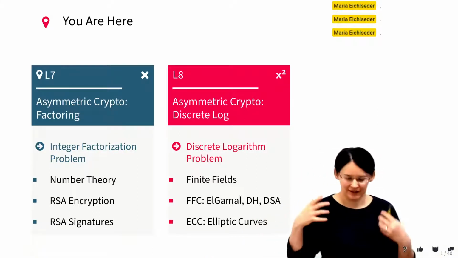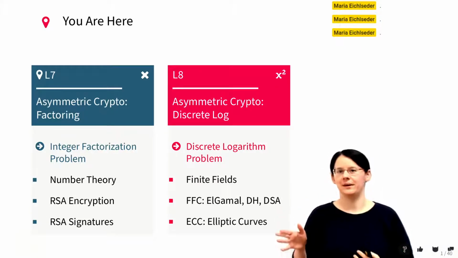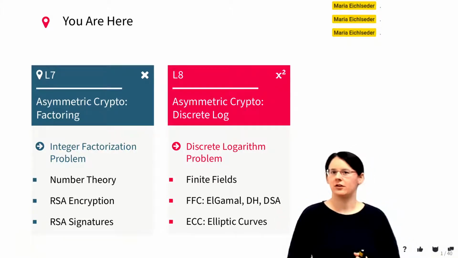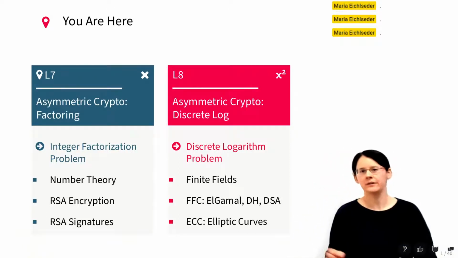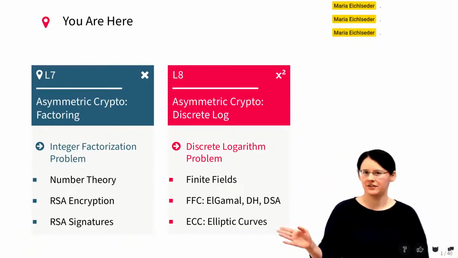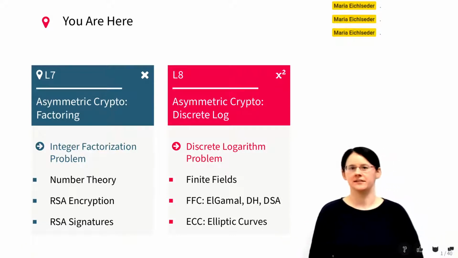The structural properties of these are quite similar, but the specific arithmetic operations that you execute are quite different. We will see that this version has some advantages, but it's a bit harder to understand.